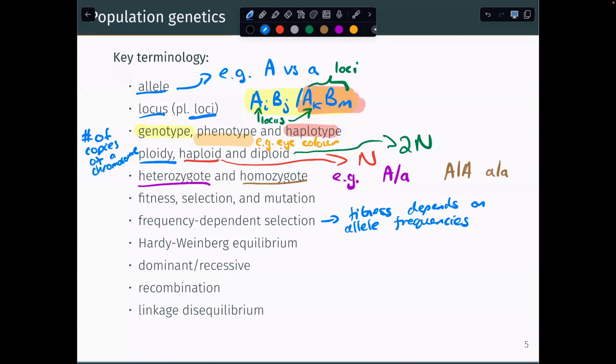So, for example, in the case of host-pathogen interactions, where pathogens maybe have to match their hosts in order to infect them, we would expect that the pathogens that are able to match the most common hosts will be able to spread, so they'll be fitter. And pathogens that match the rarer hosts are less fit, so they won't be able to spread.